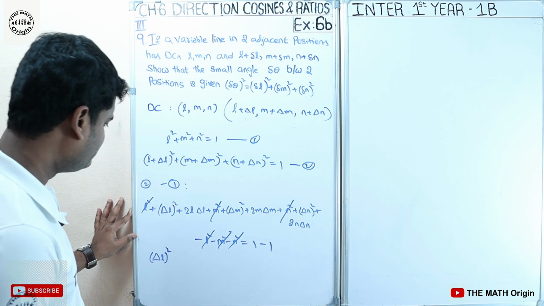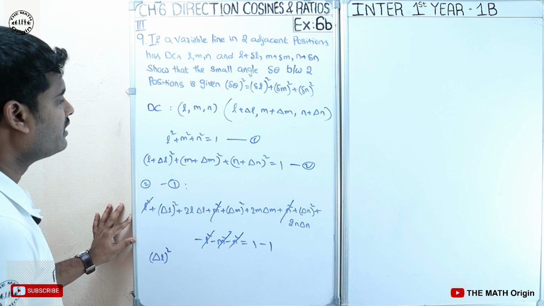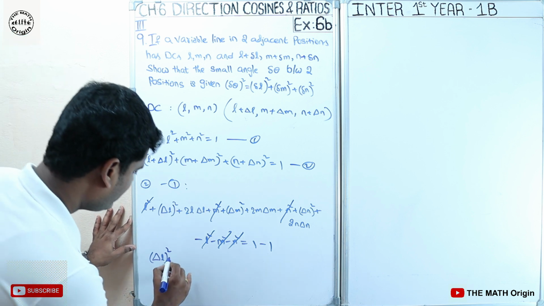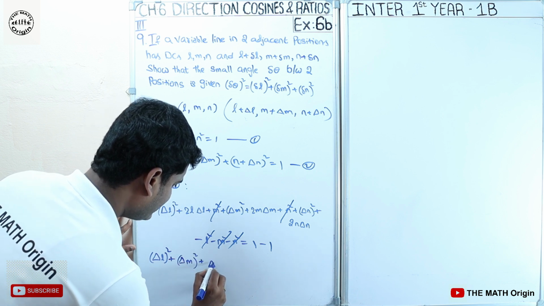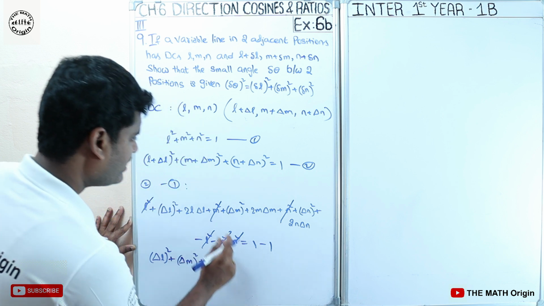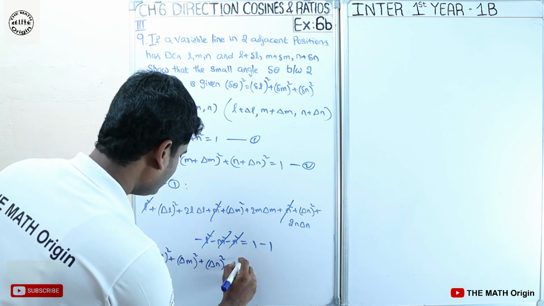We have delta L square plus delta M square plus delta N square, and I will move all these values to the other side.